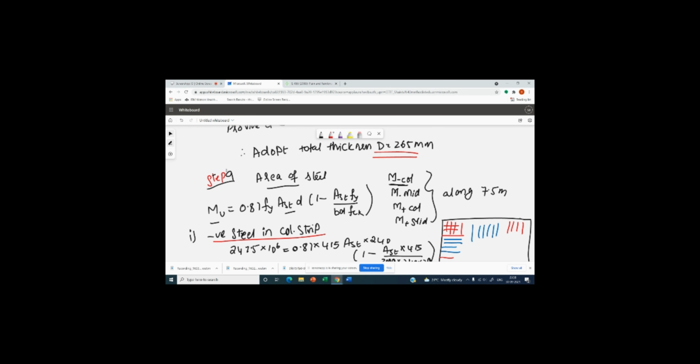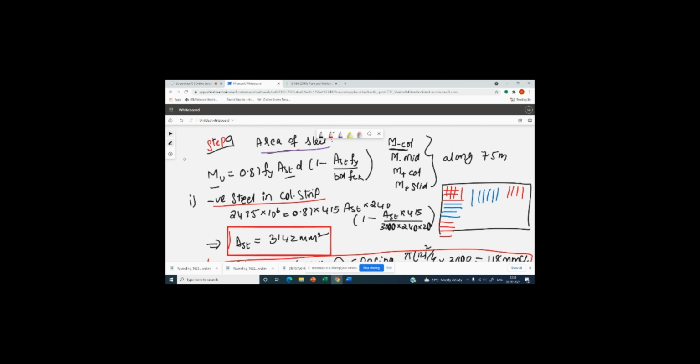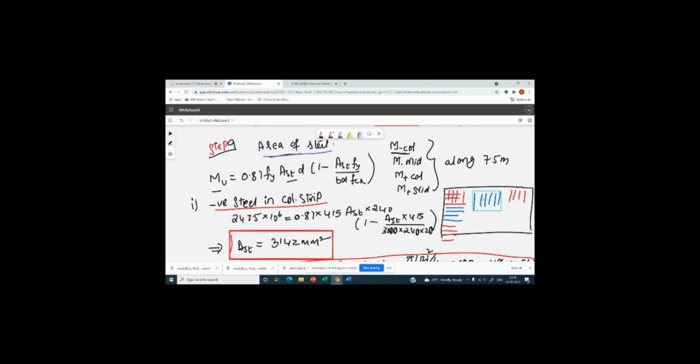That is step 9. In step 9, we are going to find out the area of steel. As you know, we have the column strip and then the middle strip. We have the respective bending moments in the column strips, positive and negative. We'll get all the areas of steel for the respective bending moments. Whatever steel we are finding out now will be provided in the longer span.